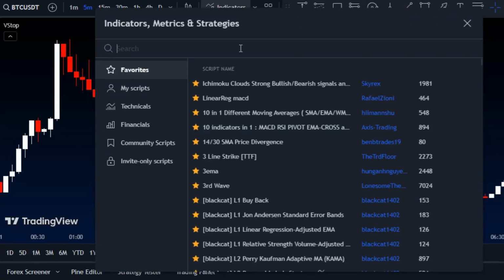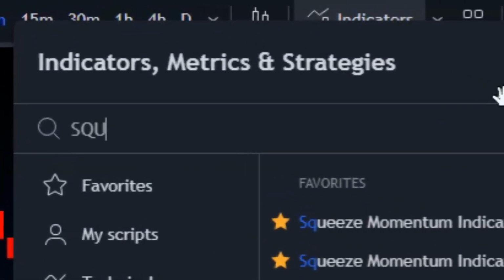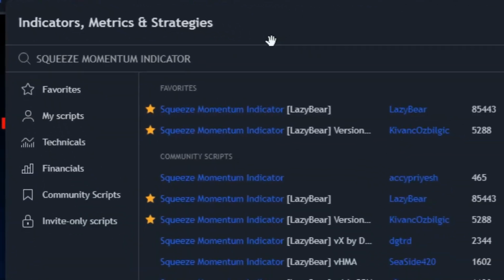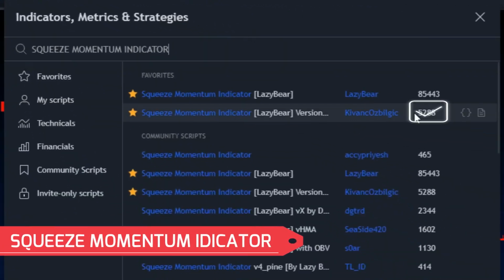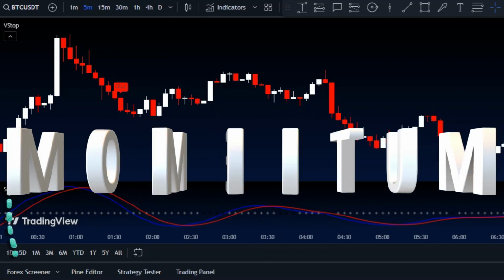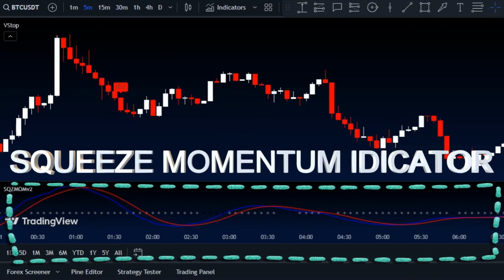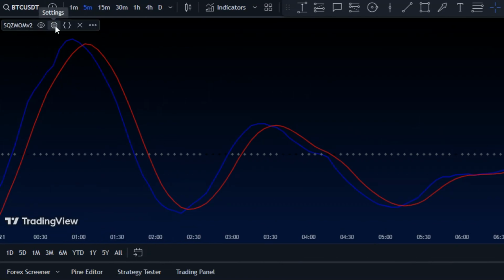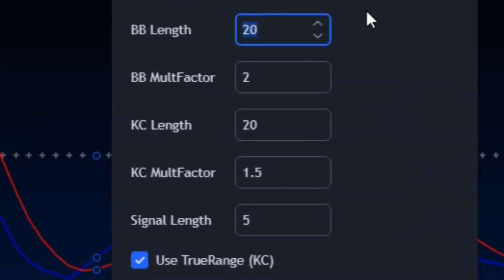Now let's introduce our second indicator, the Squeeze Momentum Indicator version 2. Then go into its settings and make the changes you need, just like I did.